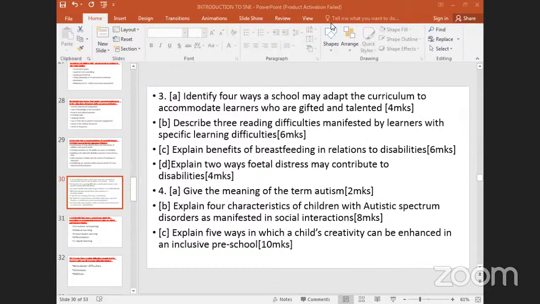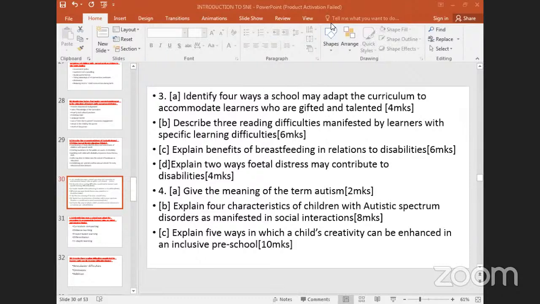Also, especially if in that question you have been told to describe, some of you might not have the word enriching the curriculum.